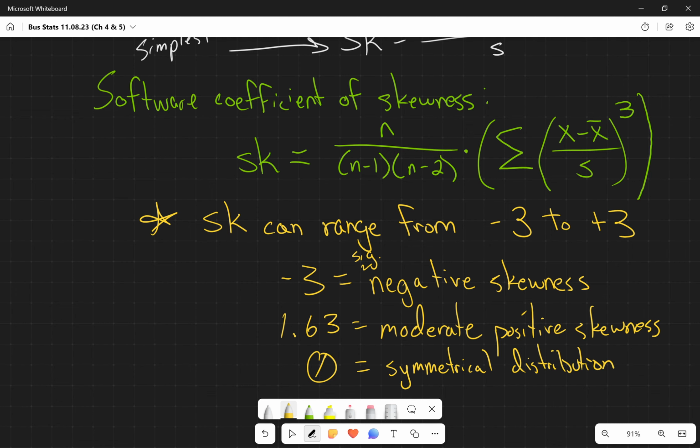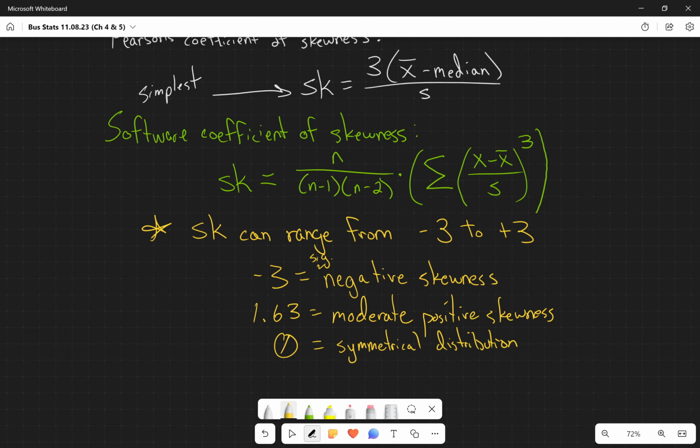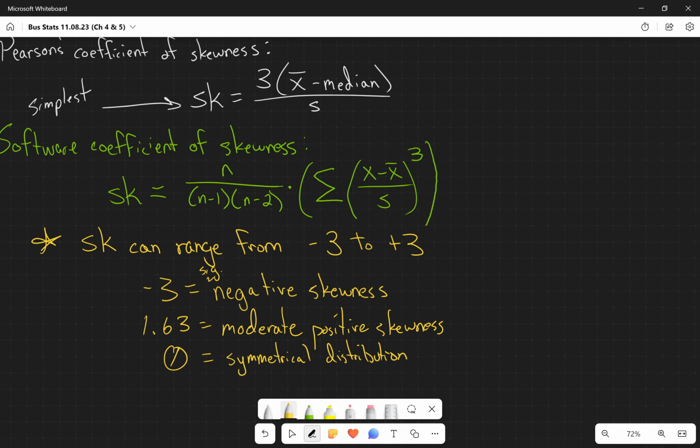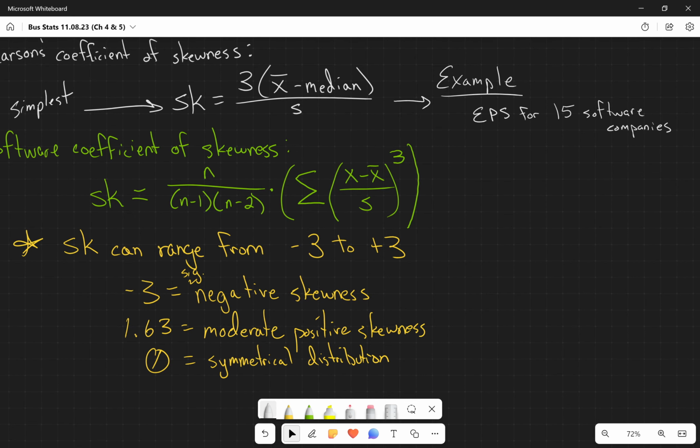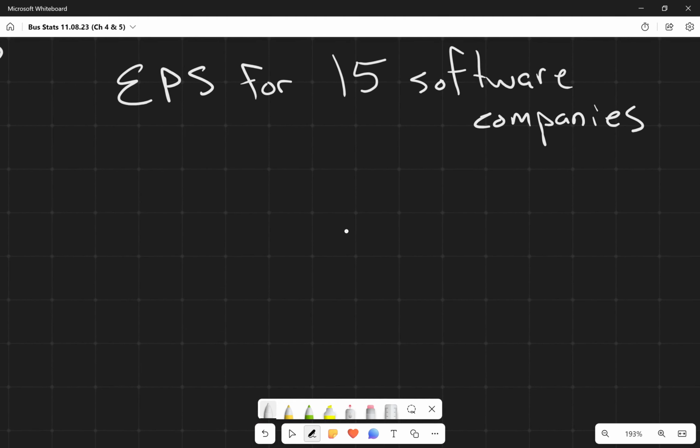All right, let's do a quick example of skewness using the simplest formula. We are given the earnings per share, the EPS, for 15 software companies, in order from smallest to largest. We have 0.09.